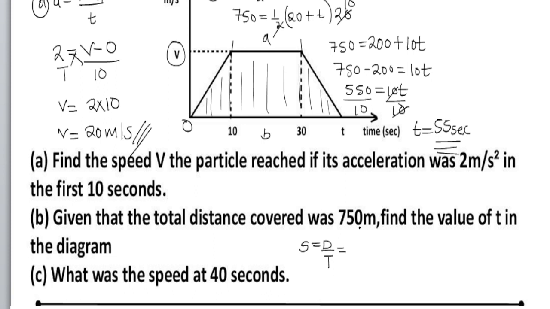The distance, in fact they gave us this distance. We just use this one. We didn't find it. 750. Then the time, they want us to use the 40. So now the 0 and the 0 are going to go.